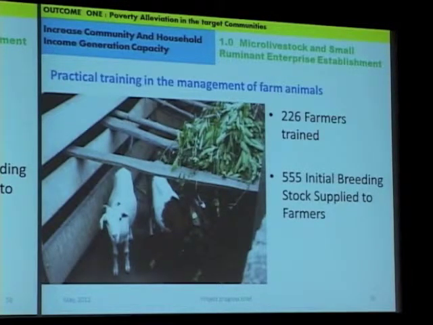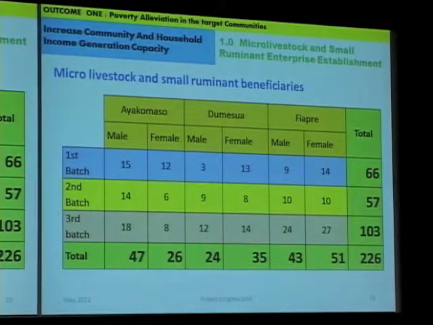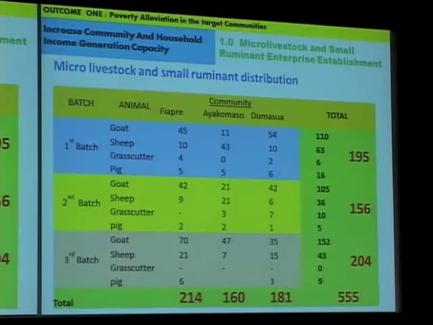So here you see some of the farmers, 226 farmers have been trained, 555 breeding stock have been supplied to the farmers. And that is the distribution that you have according to the training batches. First batch, second batch, third batch, and the number of farmers that have been trained. 555 is also the distribution according to the communities.